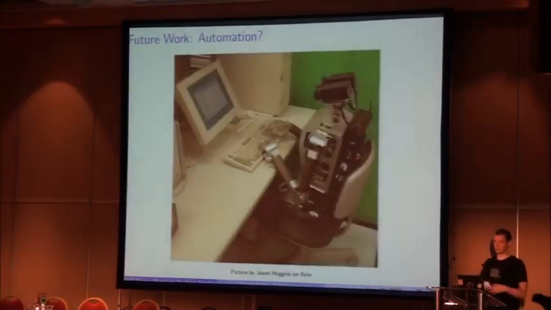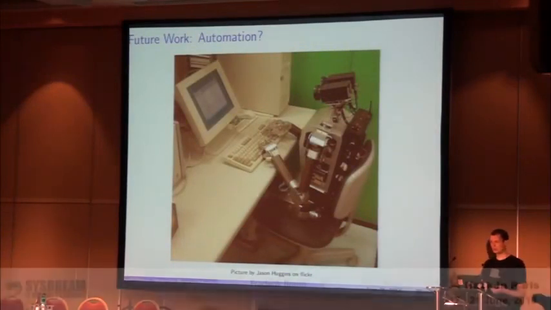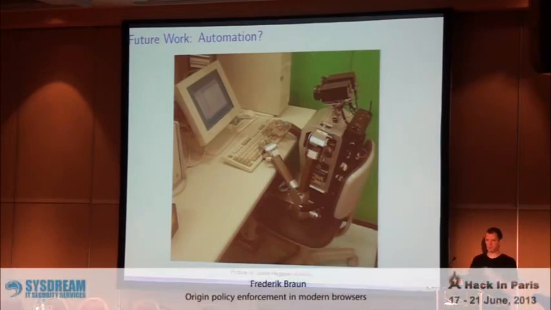Future work. What is there left to be done if you want to look at the same origin policy and find bypasses? Maybe it's automation. I'm not 100% sure. I do know that testing in the browser is very easy, because same origin policy bypasses are essentially HTML and JavaScript. So you can just do the try-catch thing, and whenever an exception is not caught, you probably found a bypass in your tests. You don't have to deal with crashes and failover and restarting the browser as you would when fuzzing.